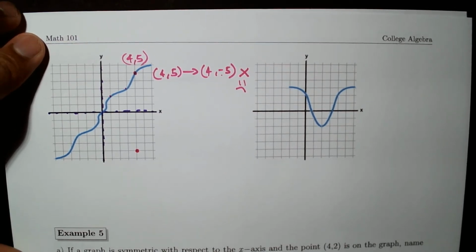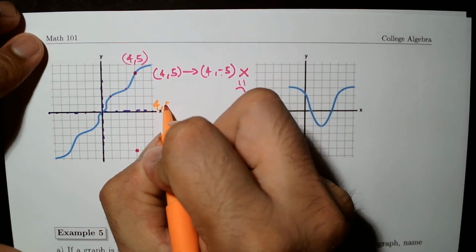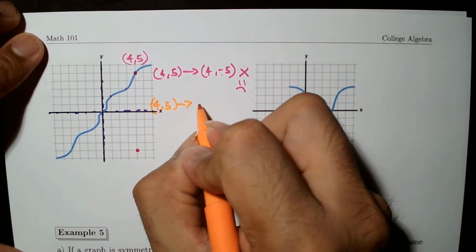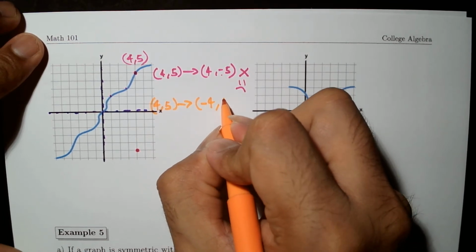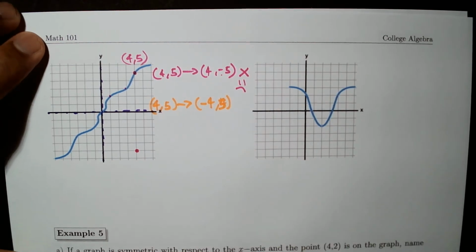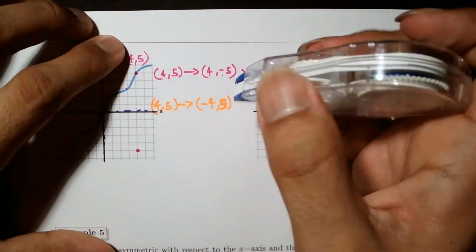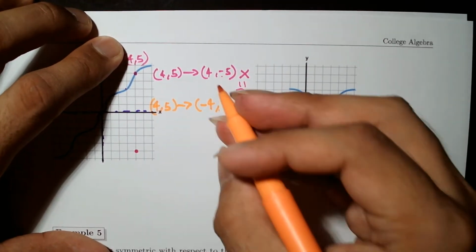What about the y-axis? To check symmetry about the y-axis, change the sign of the x value of the chosen point. Oops, not 4, it's 5. This should read a 5. Let me erase this. Otherwise it's not going to look nice.